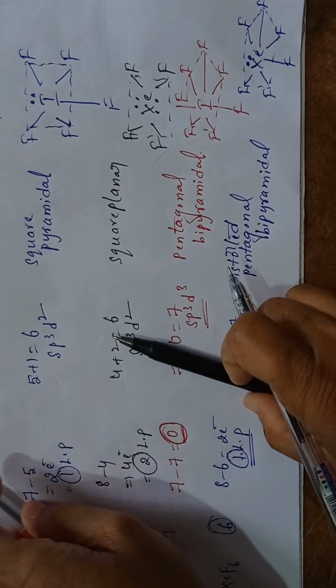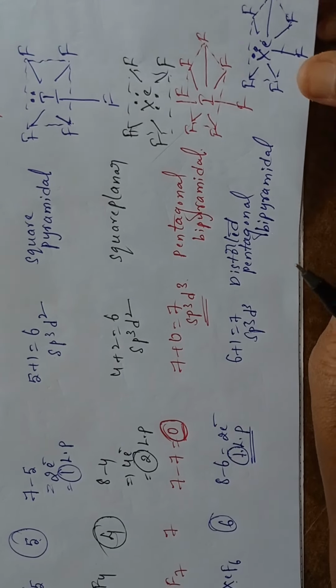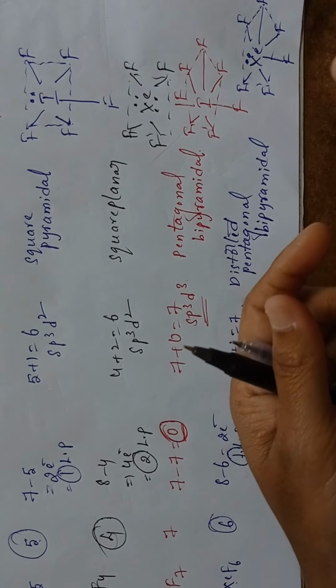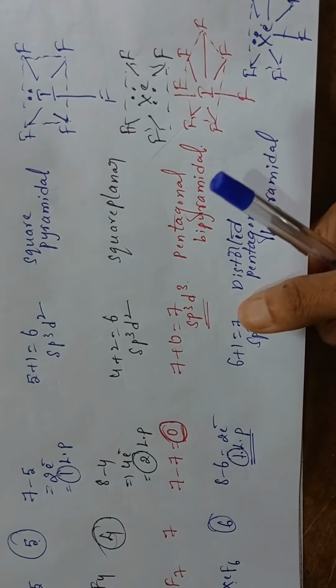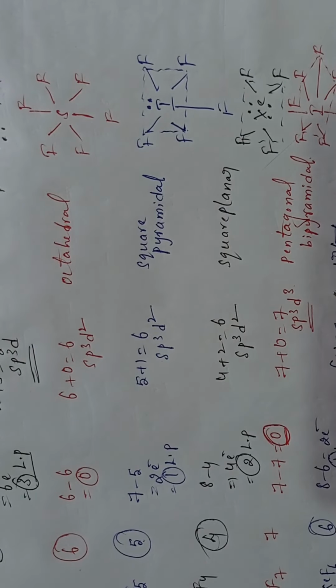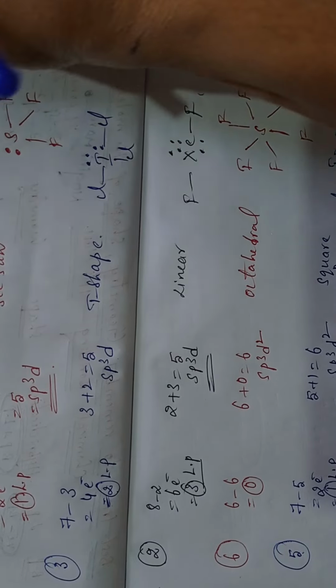Now, how to remember all these shapes? If lone pair is absent, if lone pair is present. Students, I will give you a small trick. In the next video I will give you the trick, because already this video is lengthy.